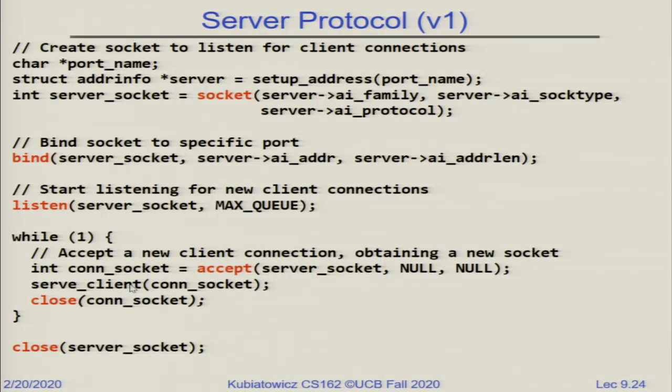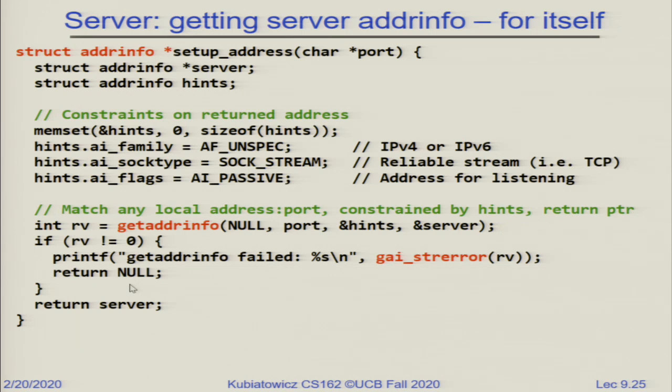Okay. By the way, the one different thing about this server setup for an address for listen sockets is that often your hint should have AI_PASSIVE, which basically says you're setting up an address that will deal with listen instead of connecting.